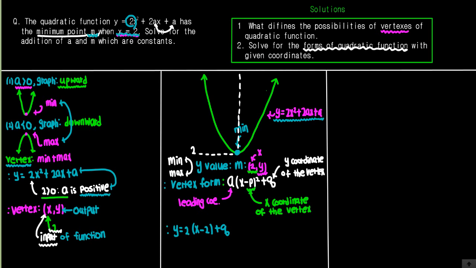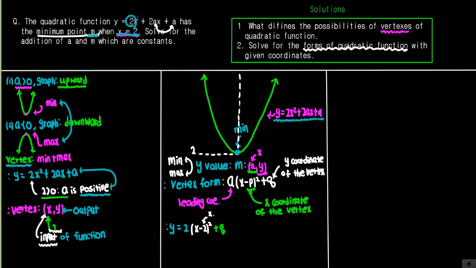So it is y is equal to 2 times x minus 2 squared plus q. If we write our vertex form down again, it is y equals 2, which is the a value, and then inside the parentheses x minus 2 squared, since 2 is the x coordinate of our vertex, and we still have plus q, which we can write in a different color.